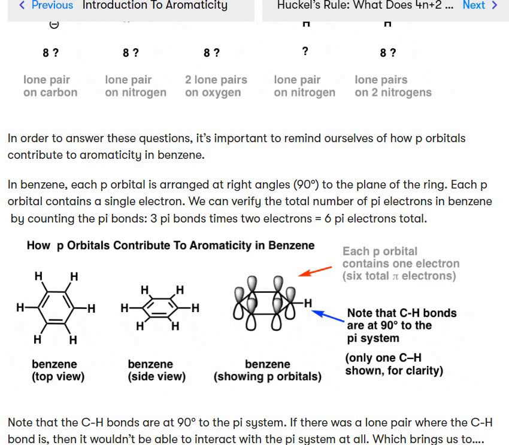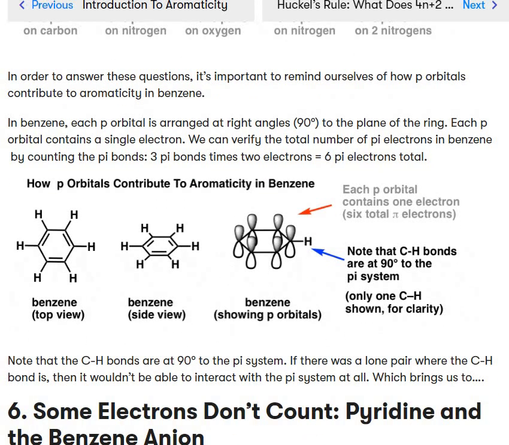We can verify the total number of pi electrons in benzene by counting the pi bonds: 3 pi bonds times 2 electrons, 6 pi electrons total. You can see the benzene top view, benzene side view, and benzene showing p orbitals. Each p orbital contains 1 electron, 6 total pi electrons.